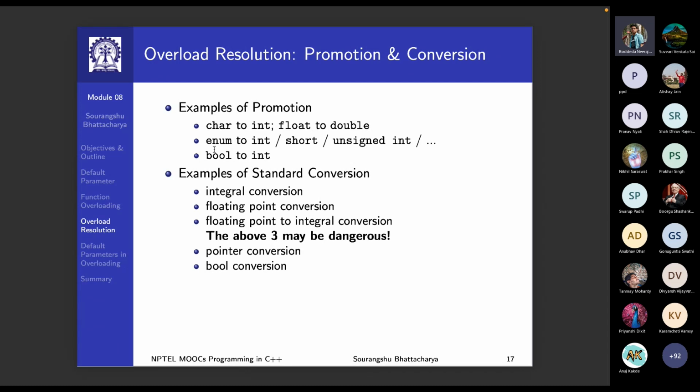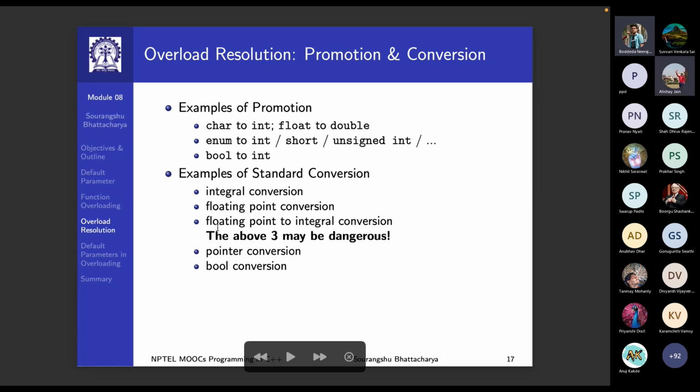Basically, promotion is from a smaller data type to a larger data type. These are standard defined promotions. I have listed some of them, but basically the rule is that, for example, from int to long int will be a promotion, and so on and so forth.